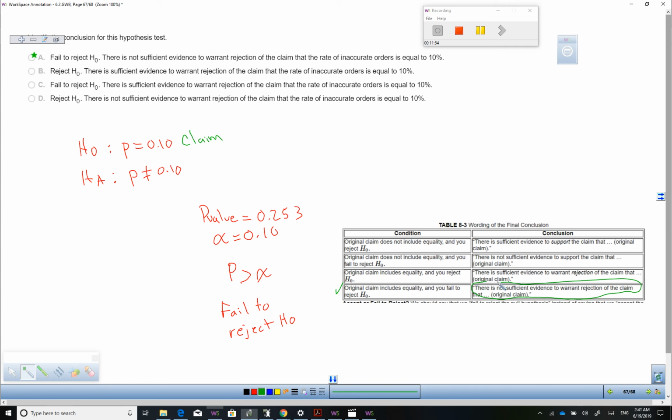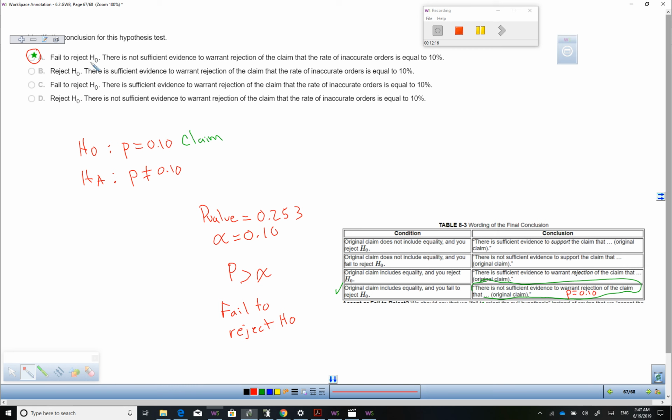There is not sufficient evidence to warrant rejection of the claim that, well, what is the claim? Well, the claim is that the population proportion is 0.10. Okay, or 10%. You see that is the correct answer.